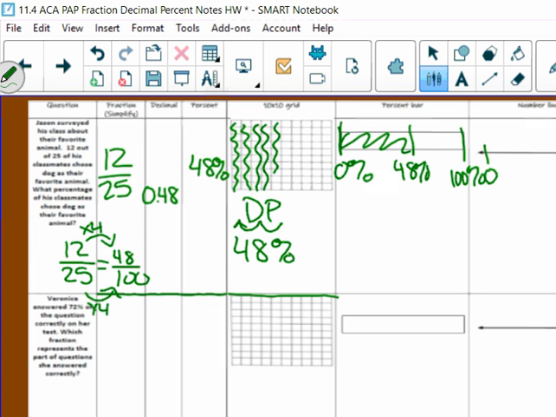It is not equal to 1. It is less than 1. It is equal to 0.48. So it's going to be about halfway between 0 and 1. If I were plotting it, I would do 48% right there, but I would more likely put 0.48. I would copy that down. You put one or the other. I'm just showing you that it is equivalent.